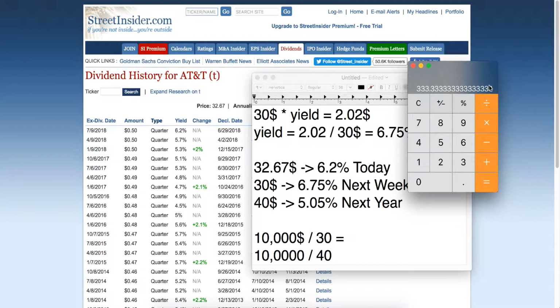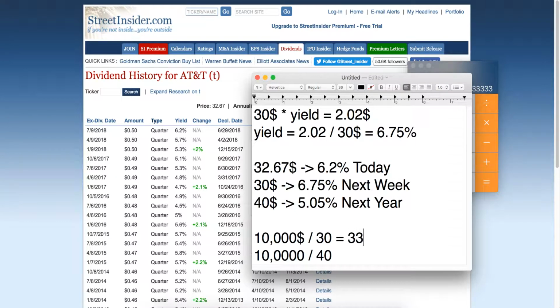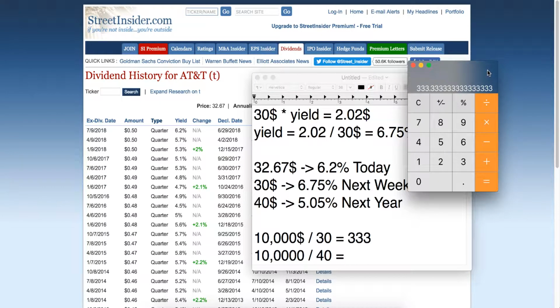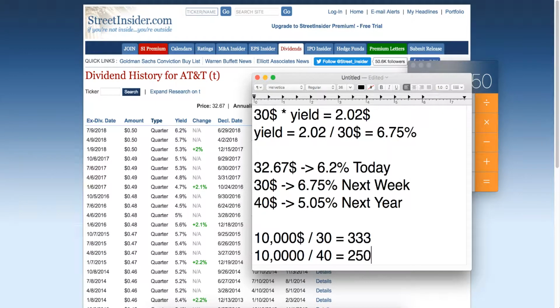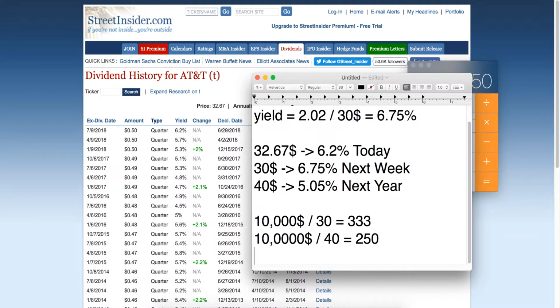So if you bought next week, you will be able to buy $10,000 divided by 30, 333.3, let's say about that, 333. And if you divide by 40, you obviously will be able to buy less, 250. So now you have more stock here, but you have the same in value. You had the same in value when you actually bought it. It was $10,000.